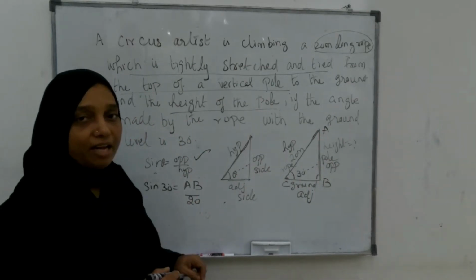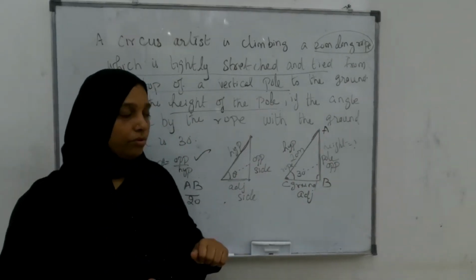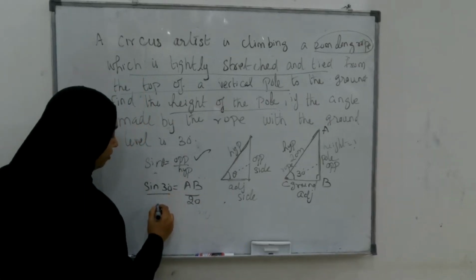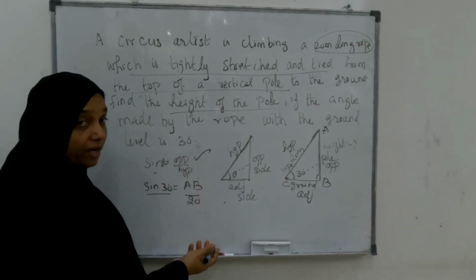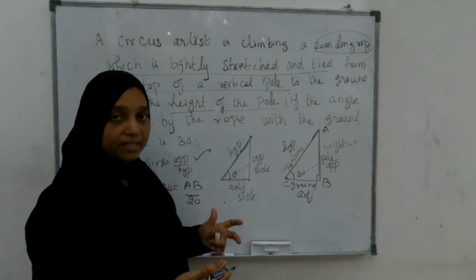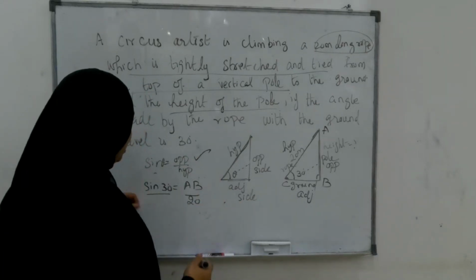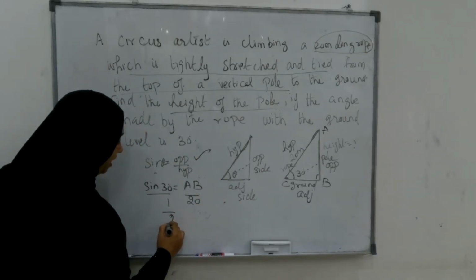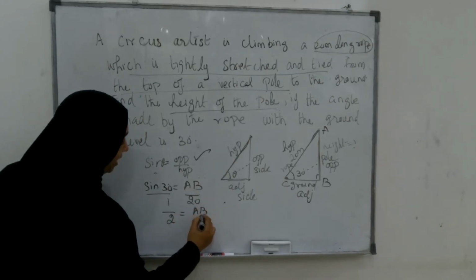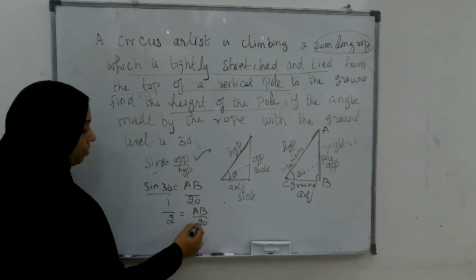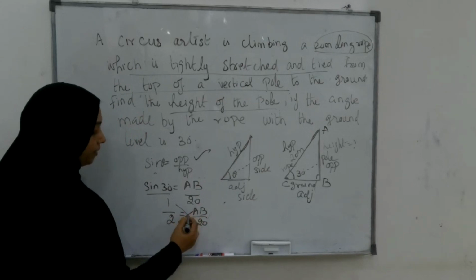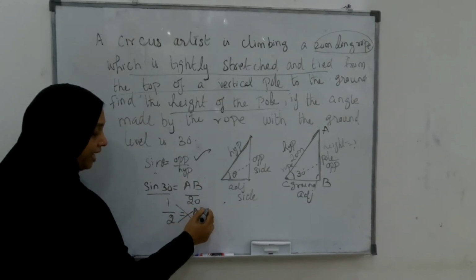Sin 30 degree value is what? 1 by 2. You can see the sin 30 degree value from the trigonometry table, and you have to learn this. So sin 30 degree is 1 by 2, equal to AB by 20, cross multiplying. No need to carry the 2 here because we are going to find AB only.